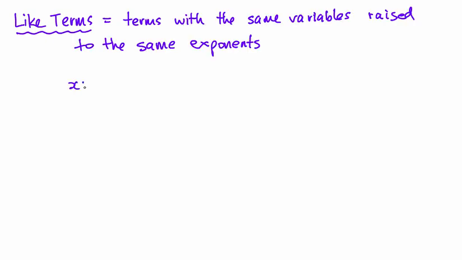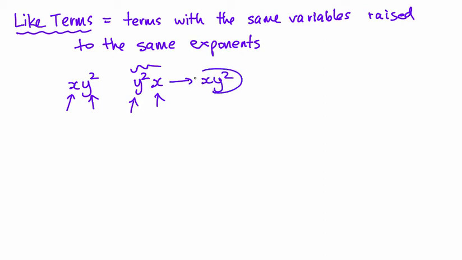So xy squared would be a like term with y squared x, because they both have an x and they both have a y times another y. Now generally we use alphabetical order within one of these terms, so we never write y squared x. We would always write that as xy squared. And it's a little easier to see that those are exactly the same pieces of algebra.